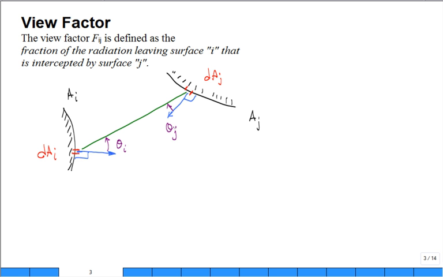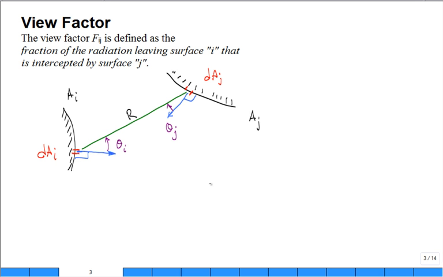So we have both the angle theta_i and theta_j. Well, that impacts the fraction of radiant energy leaving i that impinges on j. The other parameter of interest is R. R is the distance from that location on i to that other location on j.